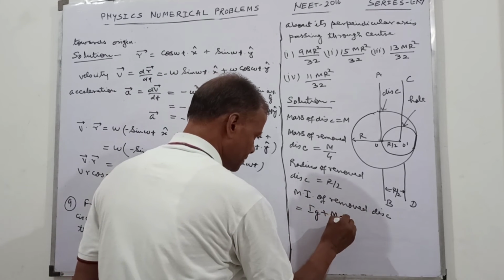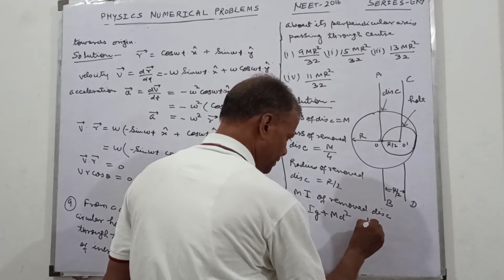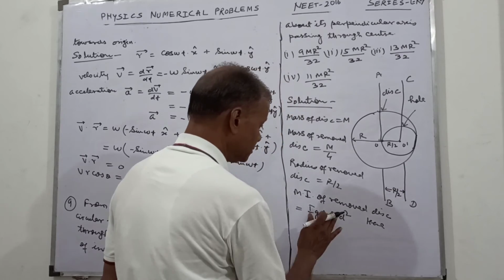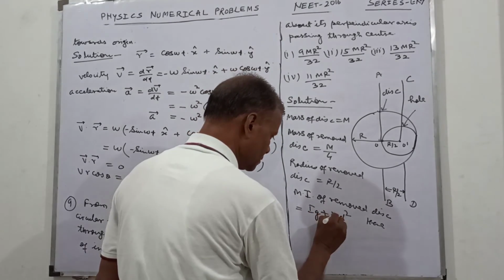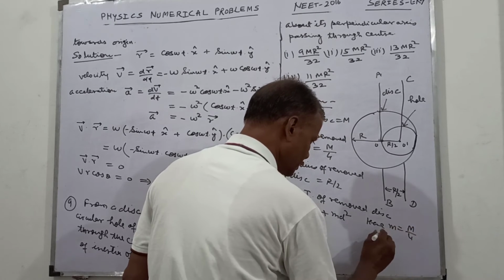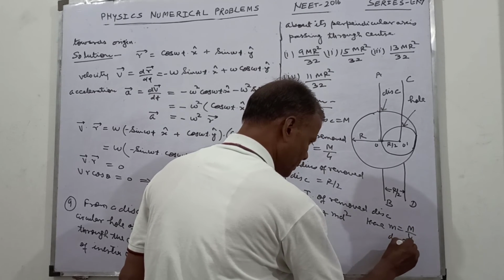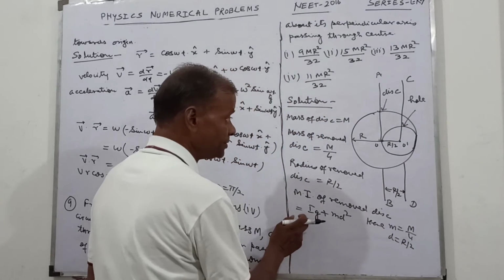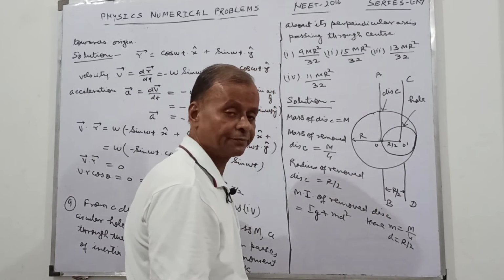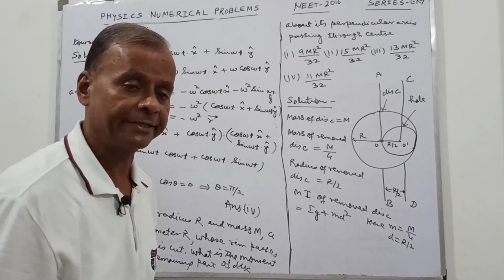Here M equal to m by 4 and d equal to r by 2, and we know that Ig of a circular disk is equal to 1 by 2 mr square.